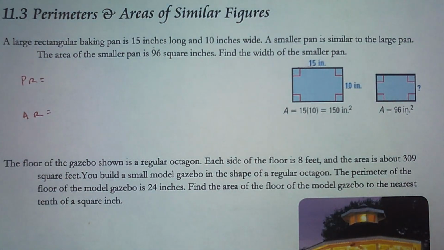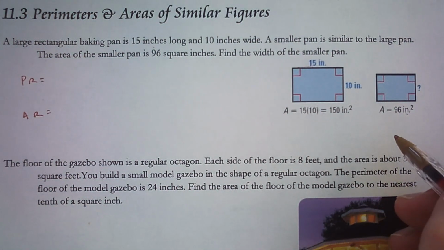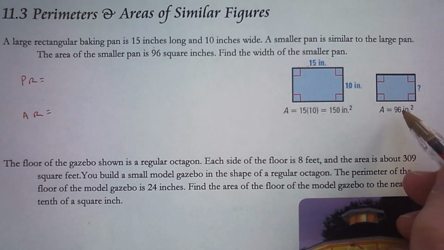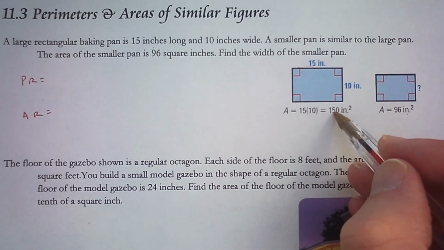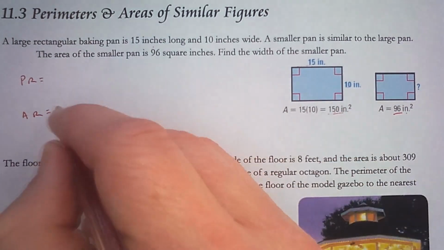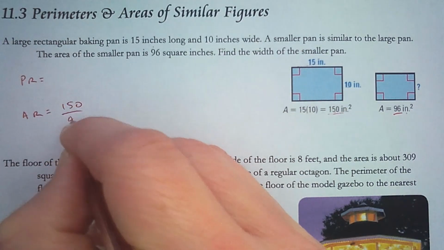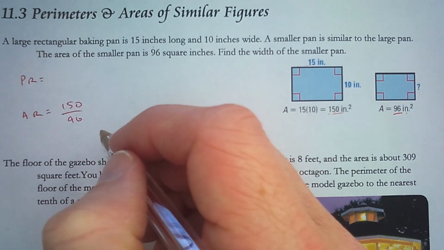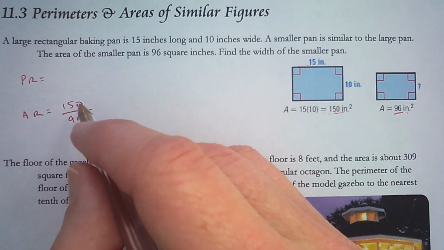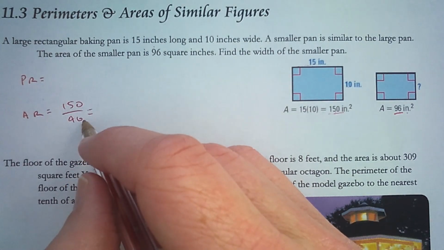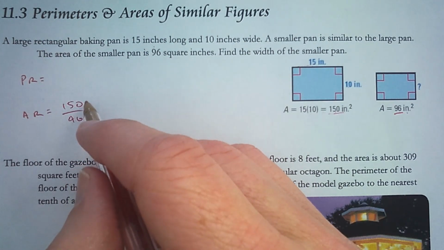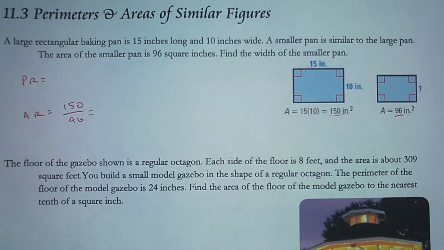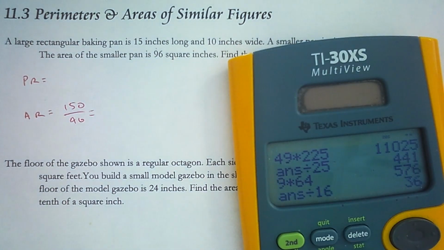And what we can get this time is the area ratio. Okay, so the area ratio is 150 to 96. So I can simplify this. 150 over 96. 6 goes into both of those. 6 goes into 150.